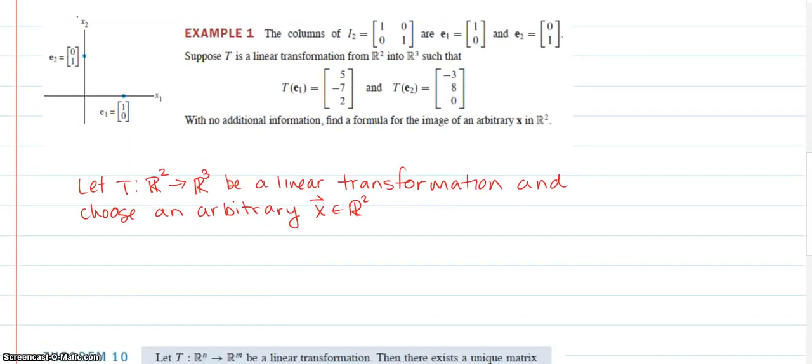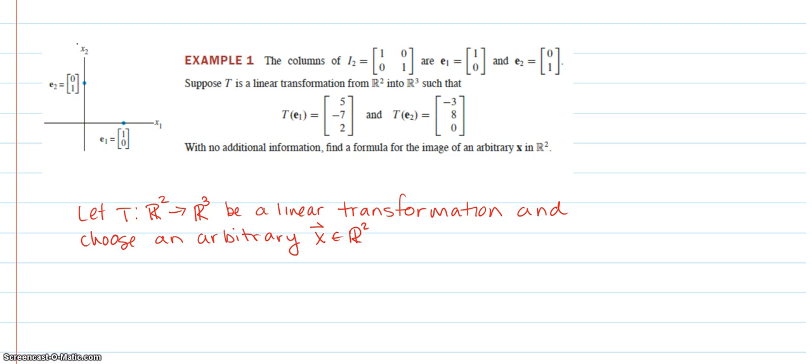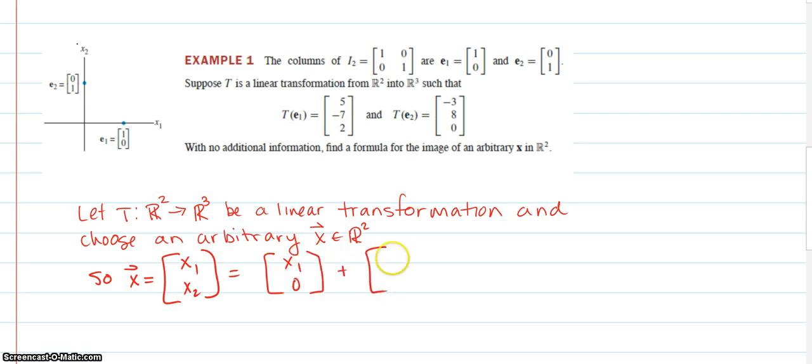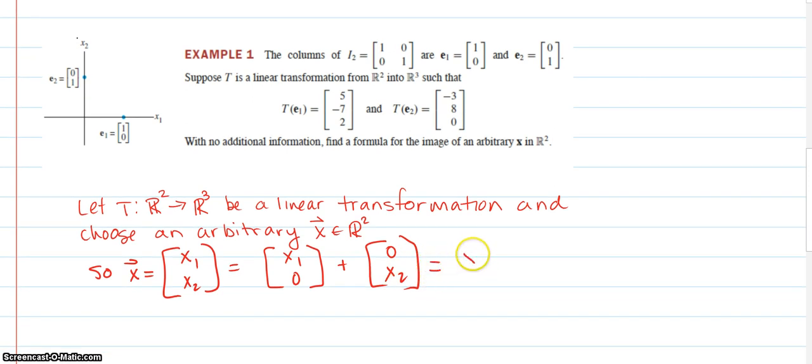So what I'm going to do is let T go from R2 to R3, and I'm going to choose an arbitrary x in R2. So we know x can be written as some x1 and x2. We're going to write this in terms of the E's. So what I'm going to do is split this up, x1, 0 plus 0, x2, into two separate vectors, where x1 is times my first identity column and x2 is times my second identity column.